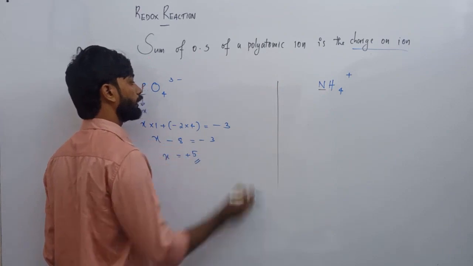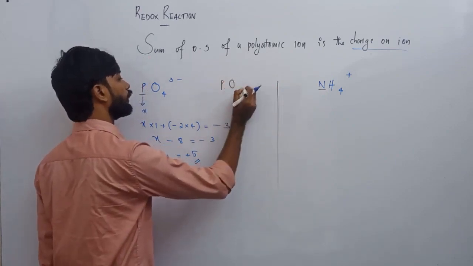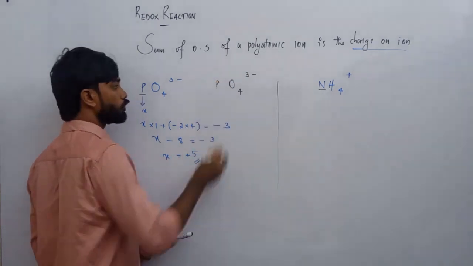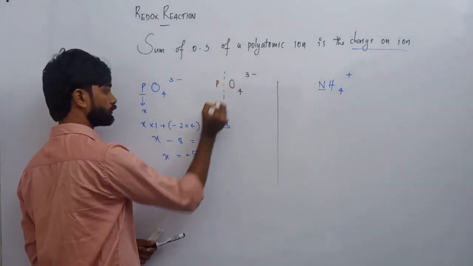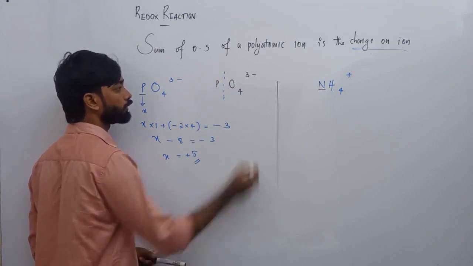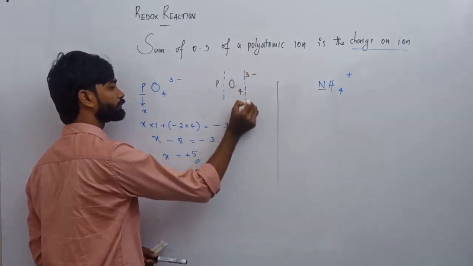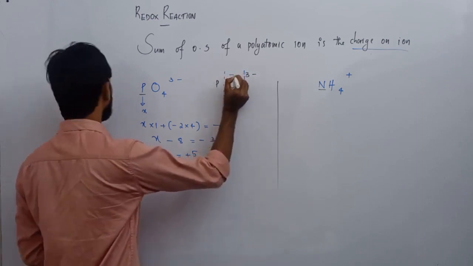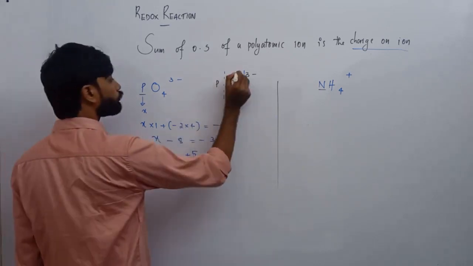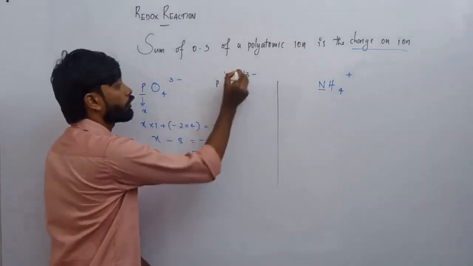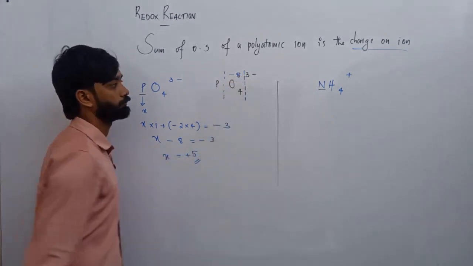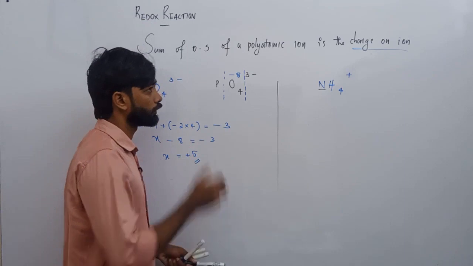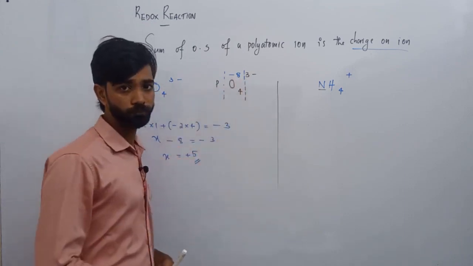And what about the alternate method? PO4 3-. In the second method, you split it into 2. Here, 4 oxygen gives -8. What is the net difference?